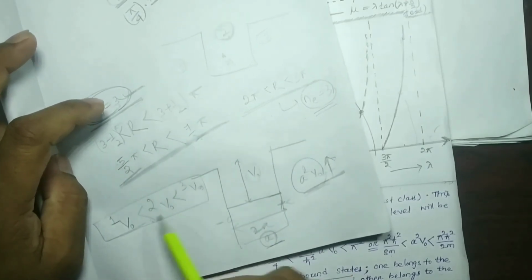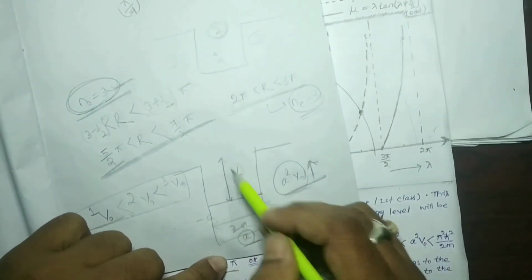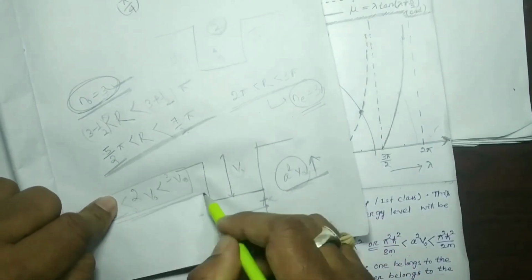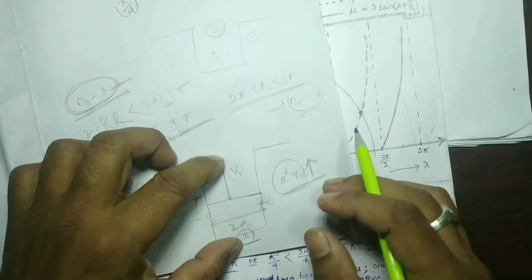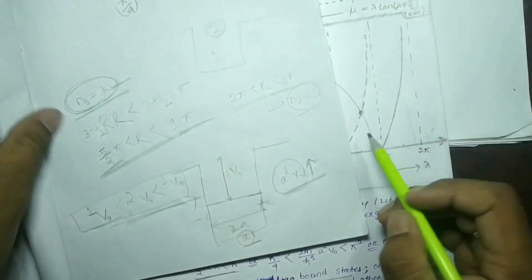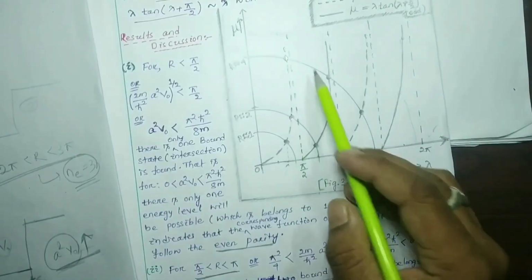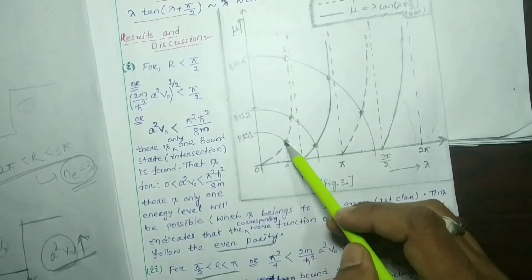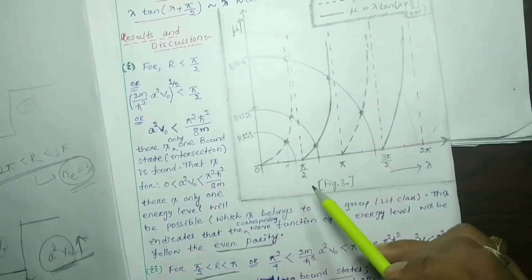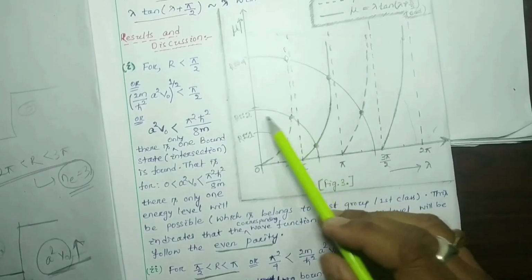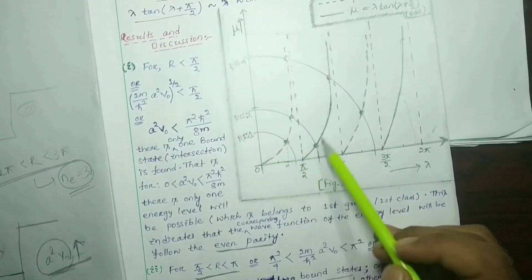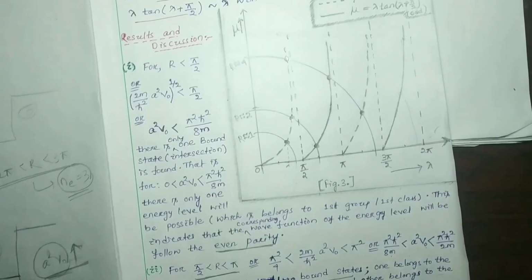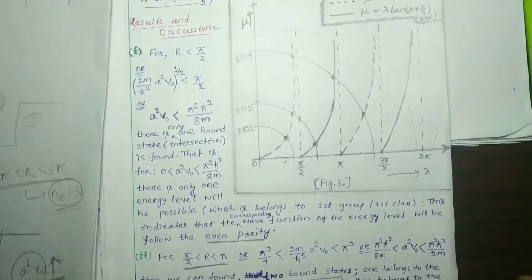What is the meaning of this? It means the depth is increased. So as the depth of the well increases, the number of bound states increases. For this case we can get only one bound state. For this case we can get two bound states. For this case we can get three bound states, right? Likewise. Okay.